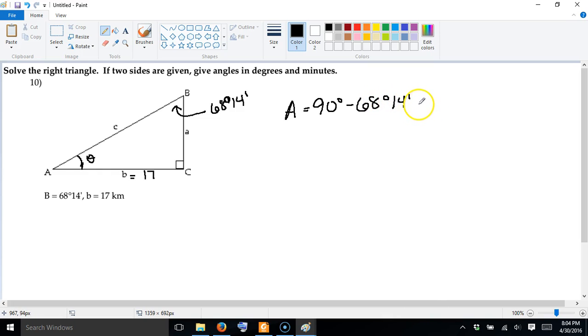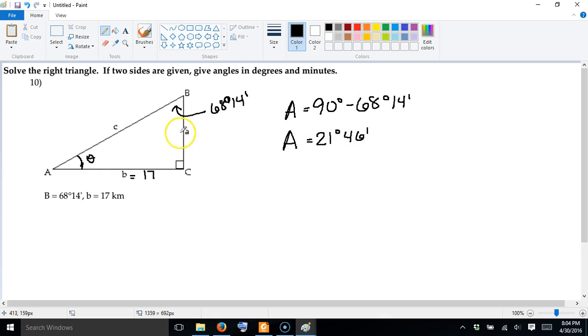Now if your given information is in degrees and minutes, or degrees, minutes, seconds, then I want your angle measurement that you are solving for here in degrees and minutes, or degrees, minutes, seconds. Okay, so please keep that format. This is going to end up being A is equal to 21 degrees and 46 minutes.